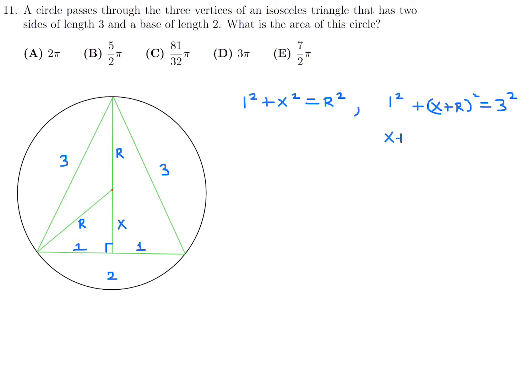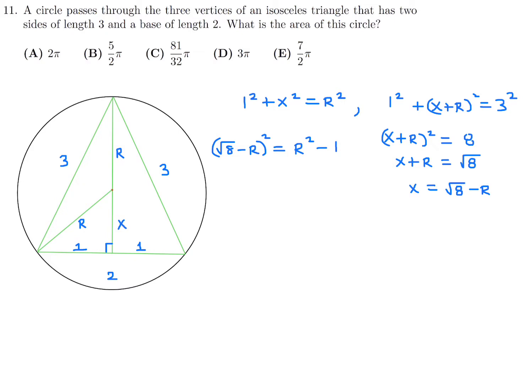So this one gives me (x plus r) all squared is equal to 9 minus 1, which is 8. So x plus r is going to be root 8, like that. And we can isolate for x: root 8 minus r. Then substitute this back into here, and that will give me x squared, which is (root 8 minus r) squared, is equal to r squared minus 1.